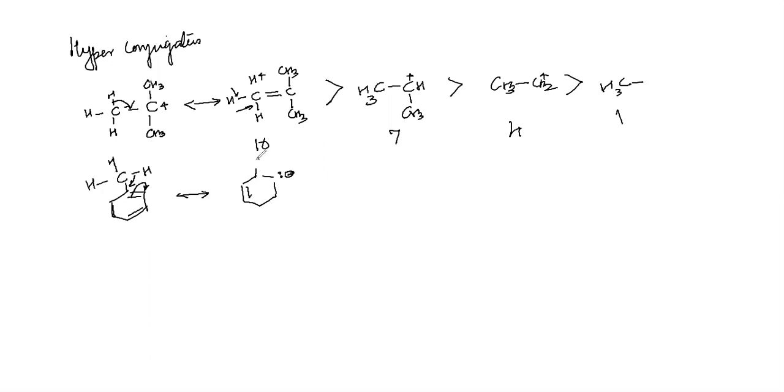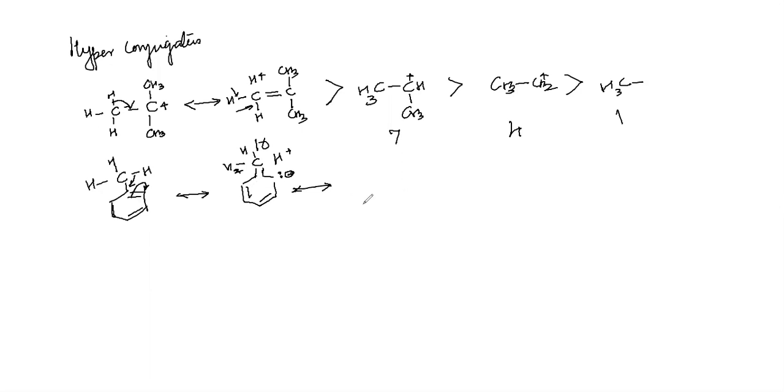Negative, and CH plus here. Double bond here. And H2 here. One H and two H. See how the methyl group is entering into hyperconjugated form. Now you can draw more resonance structures. So the methyl group is electron donating. See, the electrons are getting shifted towards the benzene ring.